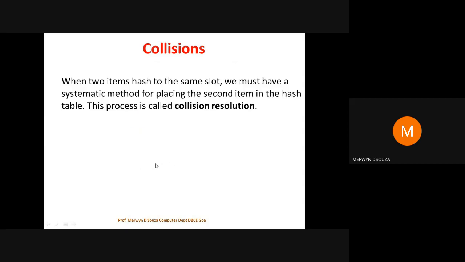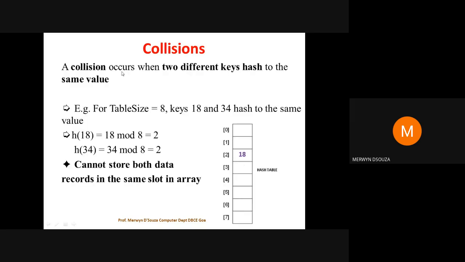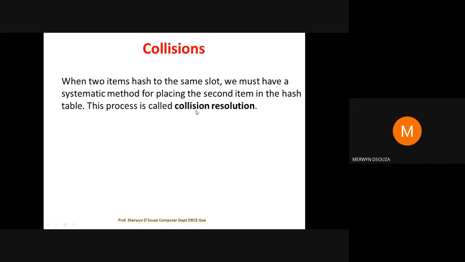When a collision occurs, you need to do something known as collision resolution. In the exams, it's an important question: what is a collision and what are the different collision resolution techniques. I've told you what a collision is. Now let's look at collision resolution. Solving the collision is known as collision resolution.